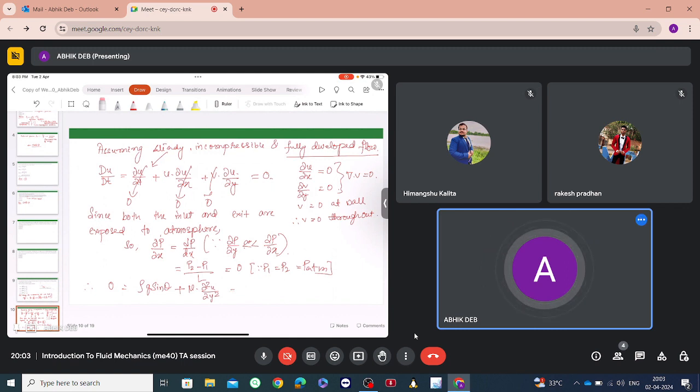This implies del 2u by del y2 is equal to minus rho g sine theta by mu, or minus g sine theta by nu.